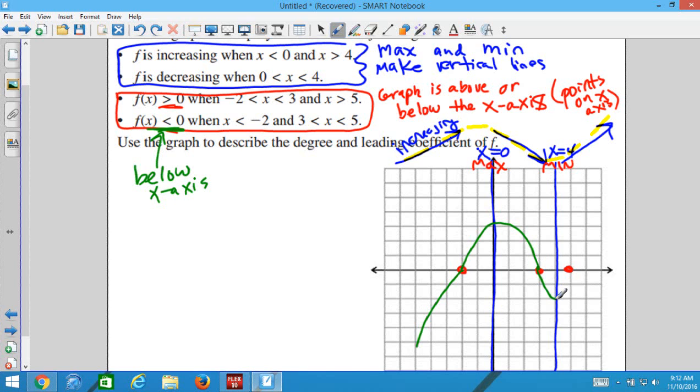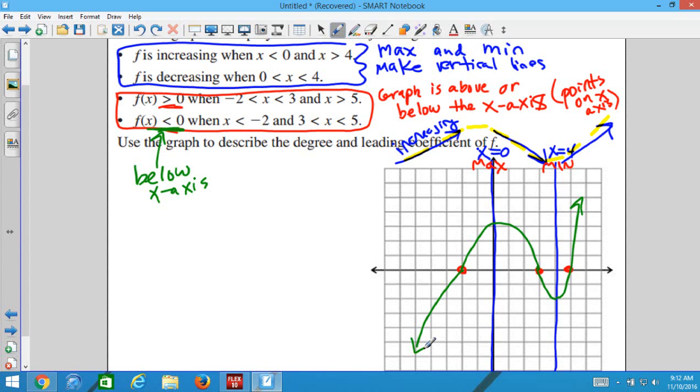And what's that line tell me? That's a minimum point. So I need to start going up again. Then it has to pass through the x-axis again at that third point. There's a lot of things to think about for this. Take your time, use your notes. Go watch this video again if you've forgotten how I explained it.